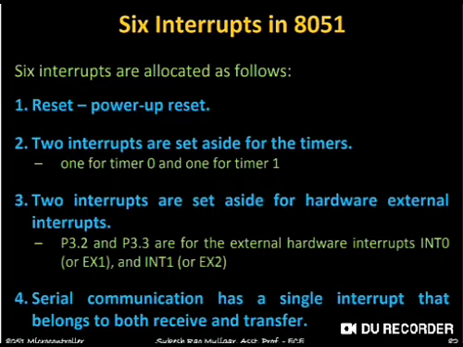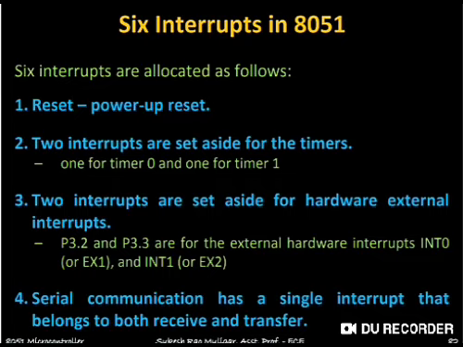These are purely regarded as interrupts, that is, two interrupts for the timers. 8051 contains two timers, timer 0 and timer 1. When timer 0 and timer 1 overflow, you can activate a separate interrupt. They are the two interrupts.